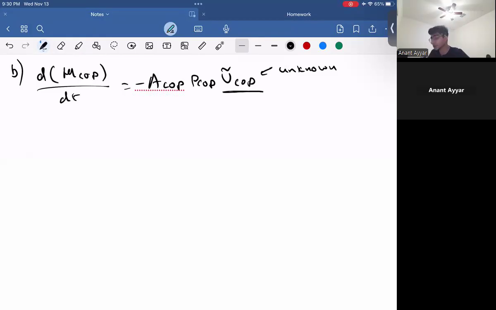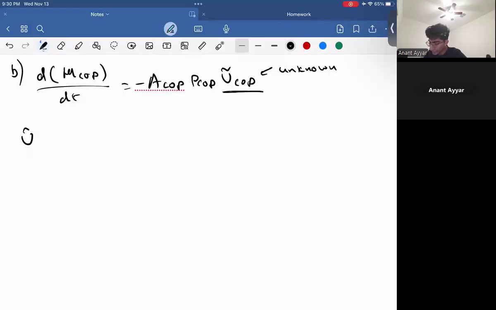So we have to now put that in terms of something else in order to get something in terms of our knowns. And we got a hint that we're supposed to put our answer in terms of the velocity of the cart in the inertial frame. So let's try to convert this v copper into its inertial frame equivalent.